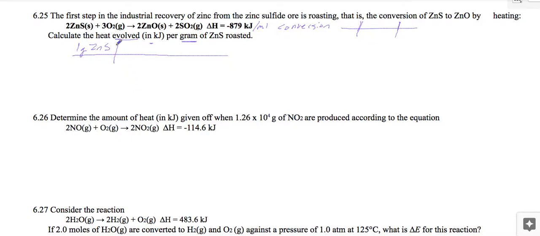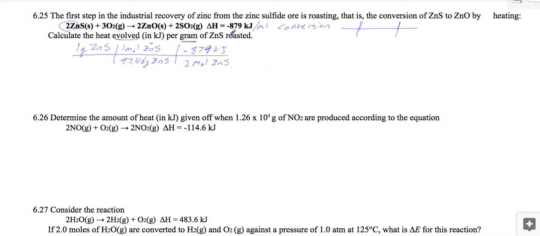We can do then 1 mole of zinc sulfide is 97.46 grams of it. And then we have negative 879 kilojoules for every 2 moles of zinc sulfide.